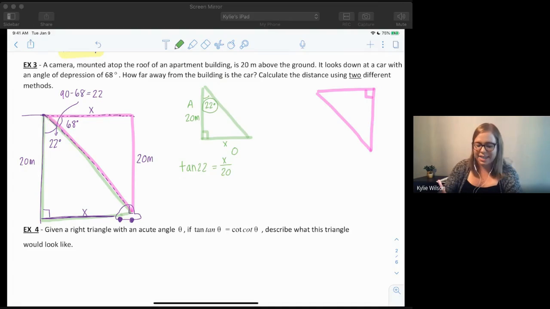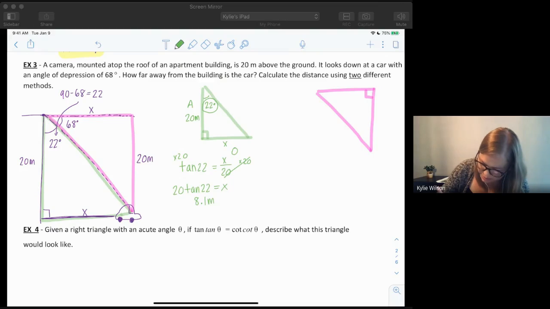And then to get x all by itself, I'm going to times 20 times 20. So I'll have 20 tan 22 equals x. And we will get 8.1 meters equals x. So that's our first one there.